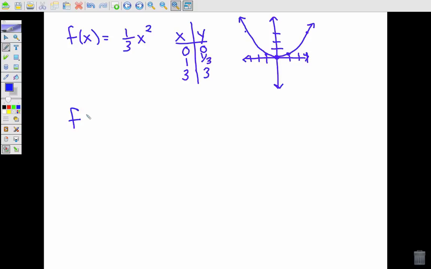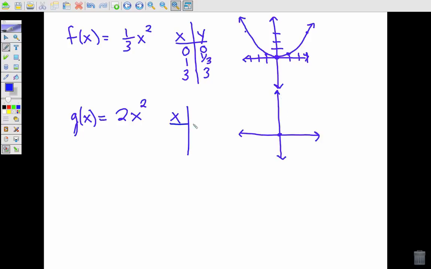My second example is g of x equals 2x squared. So again, we are starting at the origin. It's very similar to the parent function. And this time when I build my table of values, I'm going to get some different results. In fact, this 2 tells us it's a vertical stretch. So let's say I put in 0, I get 0 on the output. I put 1 in and I get 1 squared times 2, which is 2.